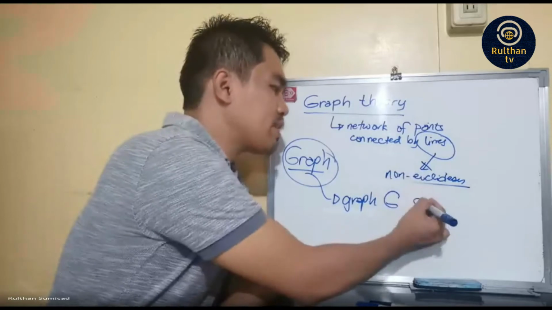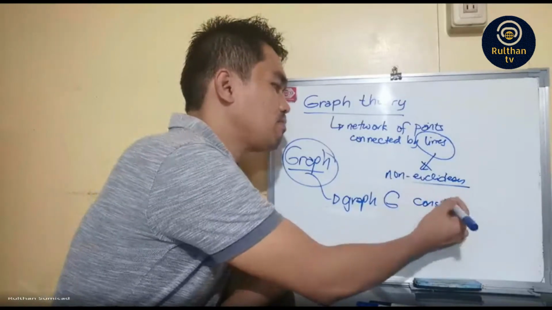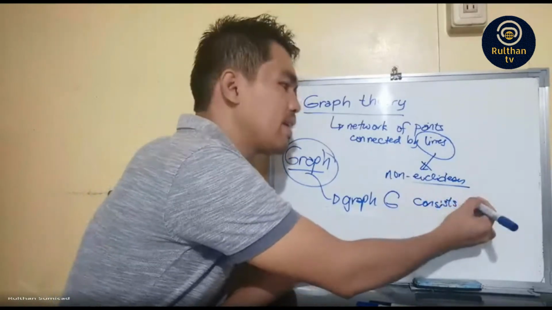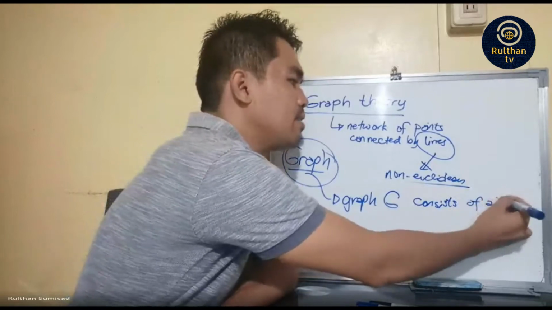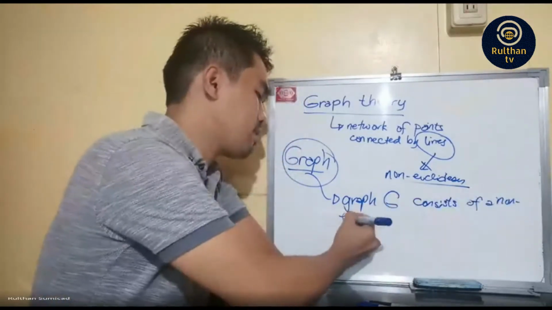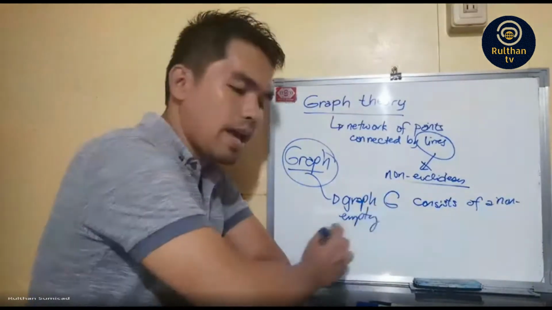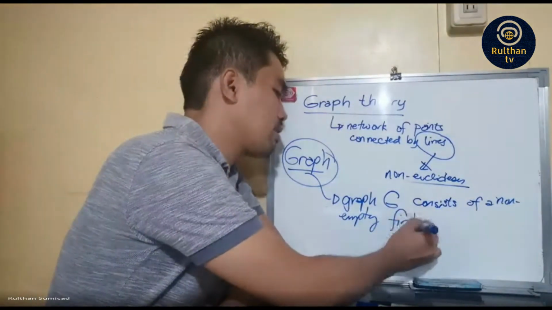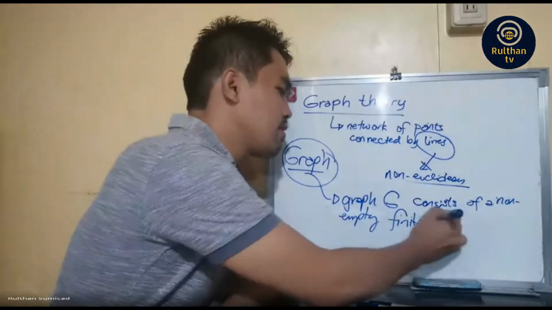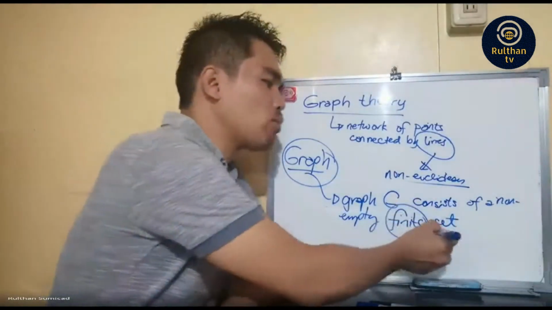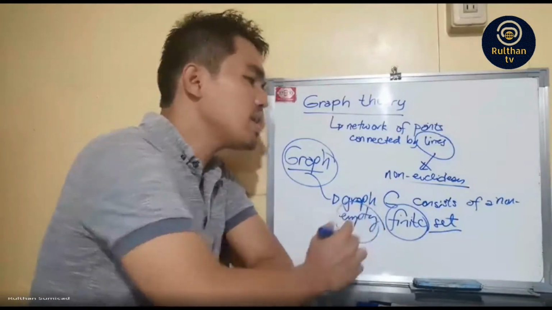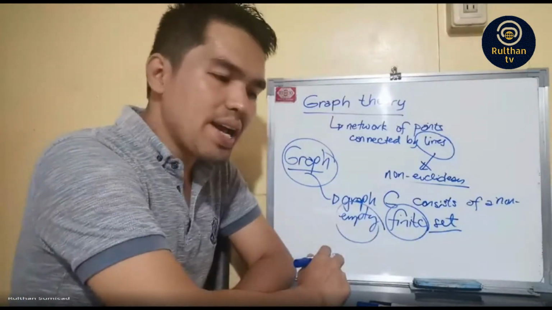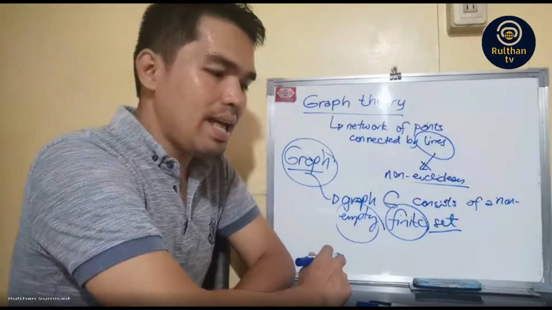Graph G consists of a non-empty finite set. Take note, we have here the word finite, and we have set. Non-empty, in other words, there exists at least a single element in it.